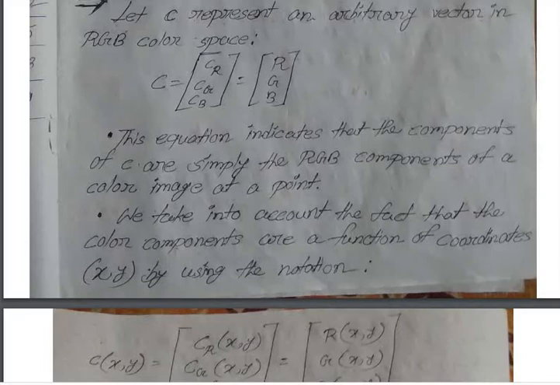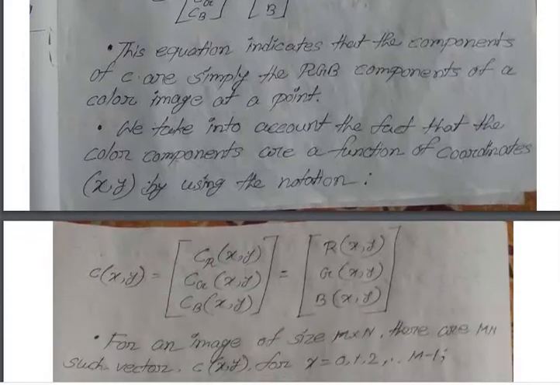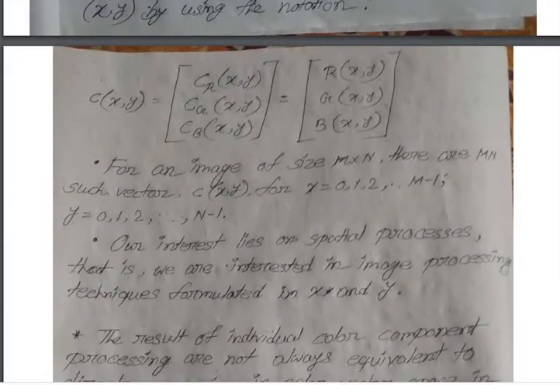And we take into account the fact that the color components are a function of coordinates. Any image is a function of coordinates, and here also it is a function of coordinates x and y. The notation is C of xy equals C suffix R xy, C suffix G xy and C suffix B xy, or you can simply write R of xy, G of xy and B of xy in matrix form.